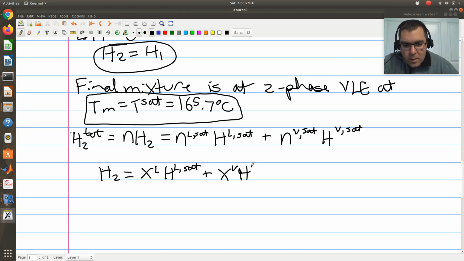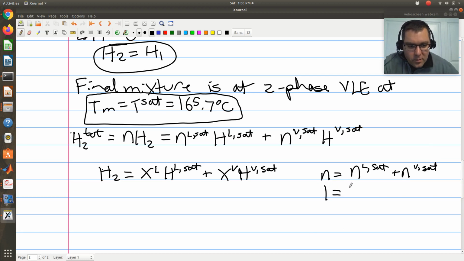Okay, and then I know that N is equal to what I called NL sat plus NV sat, okay, so if I divide through by N, 1 is equal to XL sat plus XV sat, okay, so that's just a matter of what term I want to kill.